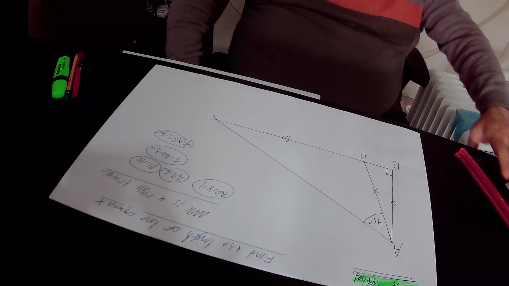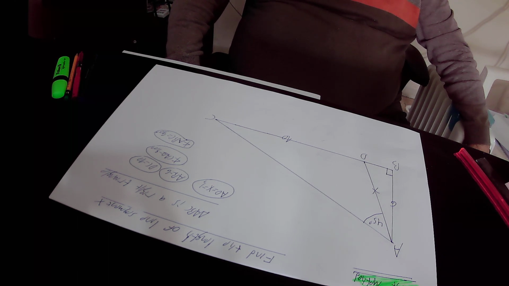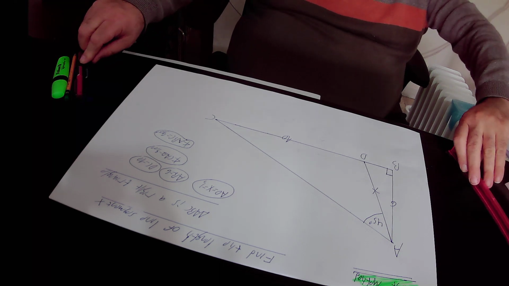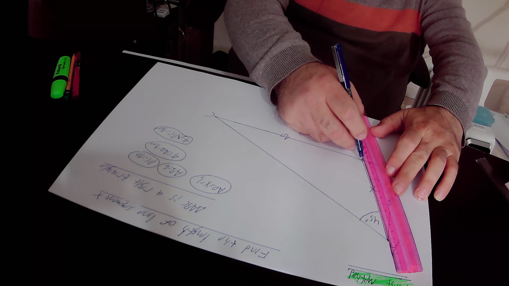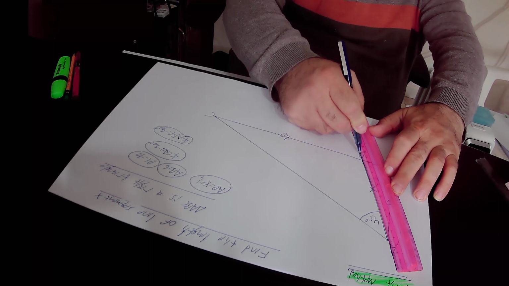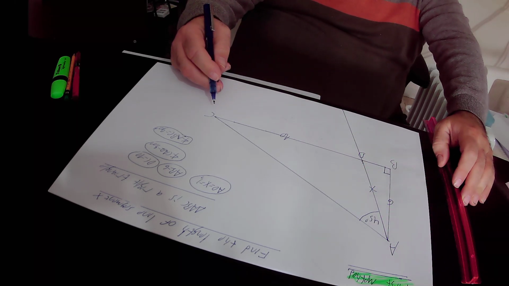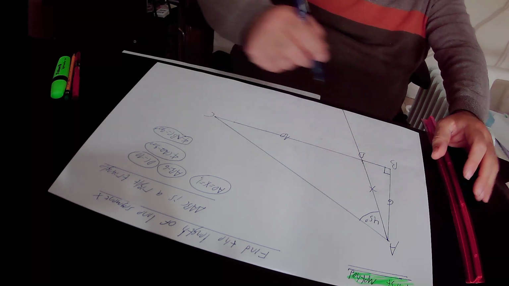In the first method, we'll do a construction. We will extend line segment AD by a straight line, and then from point C, we will draw a perpendicular to the extended AD.